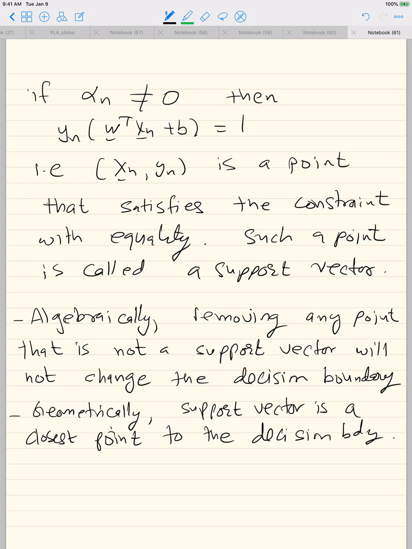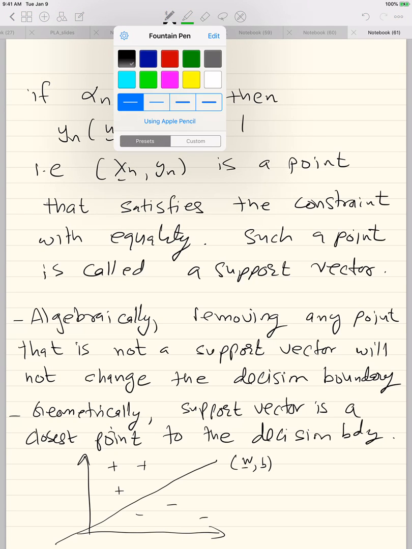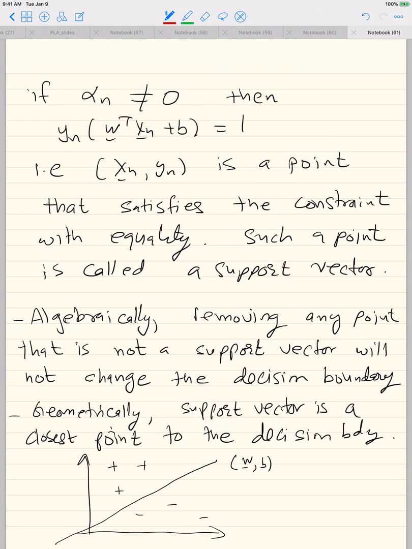Let's understand this through a figure. So imagine that we have some points like this, and we find that this is a solution of the optimization problem for SVM. Then if we look at the points that are closest to the decision boundary, perhaps these 2 points are on one side and this point is on the other side.